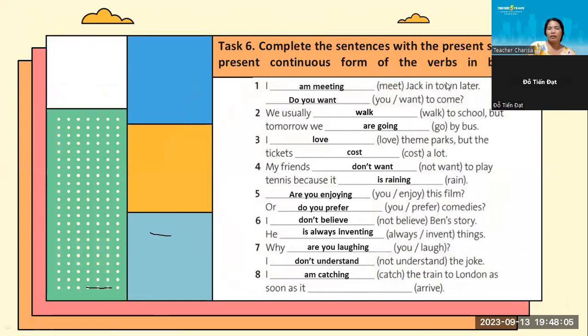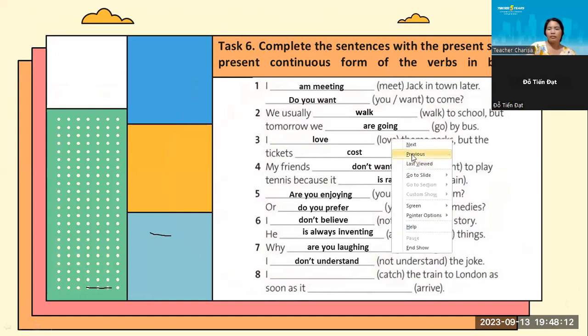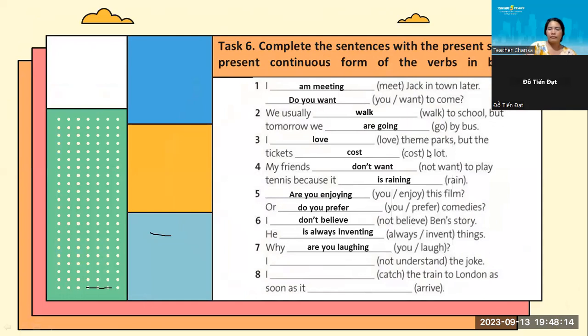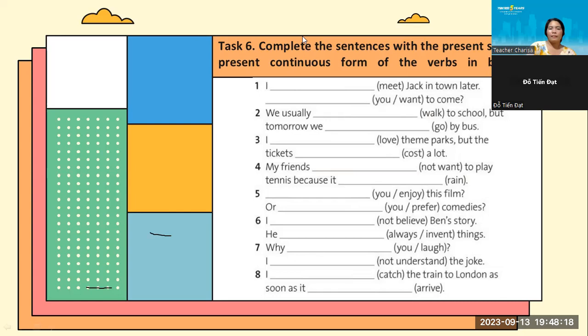So, task 6: complete the sentences with the present simple or present continuous form of the verbs in the brackets. So go, please answer.